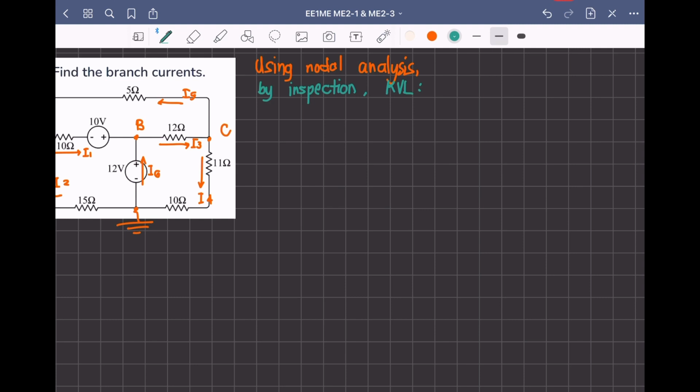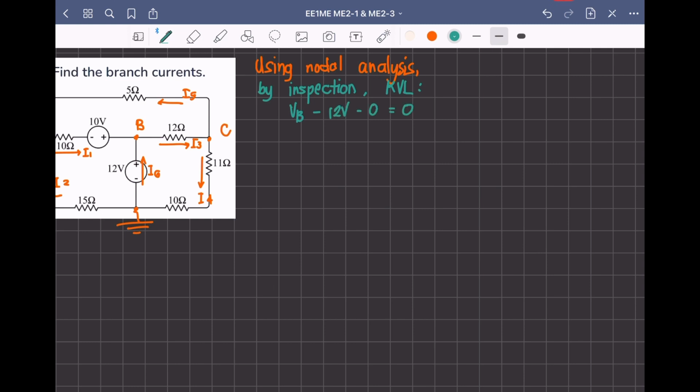Okay, anyway, so we're going to inspect and do KVL. Remember, we are under nodal ha. So, ibig sabihin, that would be VB minus 12 volts minus 0 equal to 0. So, that would be V sub B minus 12 volts minus 0 equal to 0.